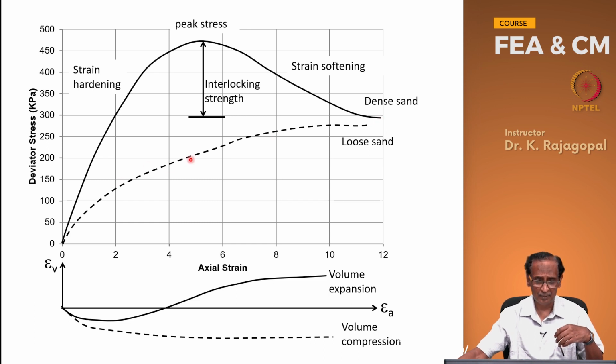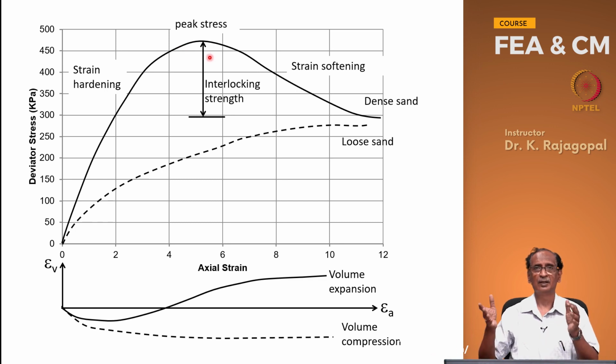We call this type of behavior a strain hardening behavior. In the case of dense sands, we have the strain softening behavior, and the additional strength that we have between the critical state and the peak stress, we say it is because of the interlocking effects.